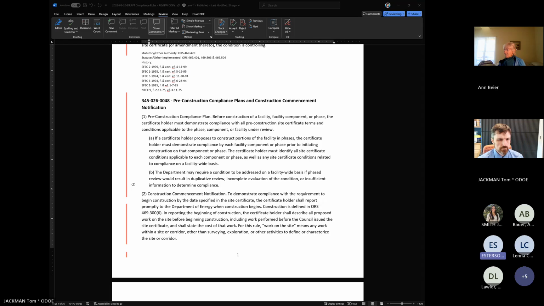Phase one is site mobilization. Phase two is road building or whatever. It's up to the certificate holder to define the phase and then identify the conditions that apply to that phase and then comply with them before you start. And in the permitting process, we don't say your phase has to be defined by X and X. It's how you define it.